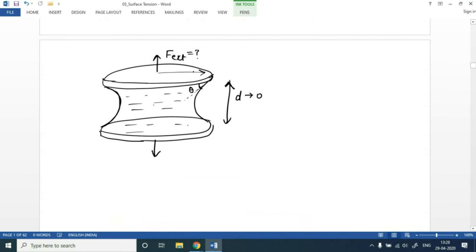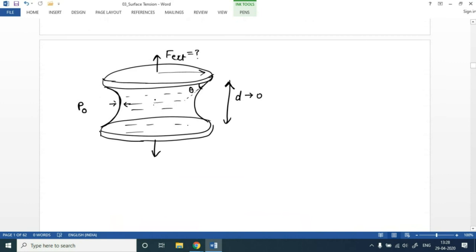In order to find the force we need, let's first understand the physics of it. The atmospheric pressure outside is, let's say, P naught. Here there would be a concave side and a convex side.